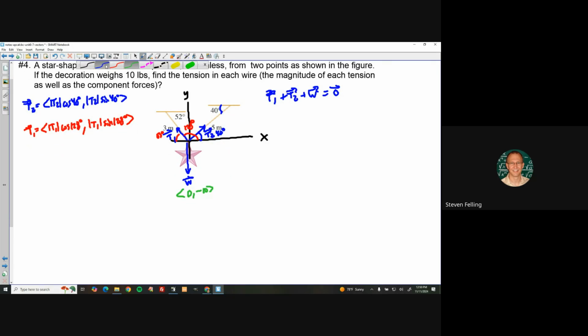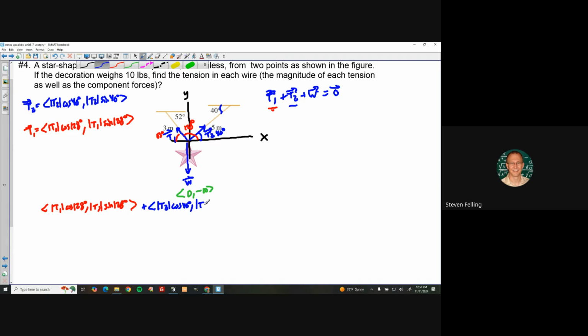I'm going to say T1 times cosine of 128, T1 times sine of 128, that's T1, plus T2, which is an unknown magnitude times cosine of its angle 40 degrees for its x component.